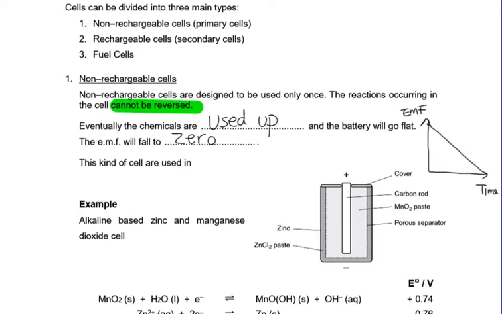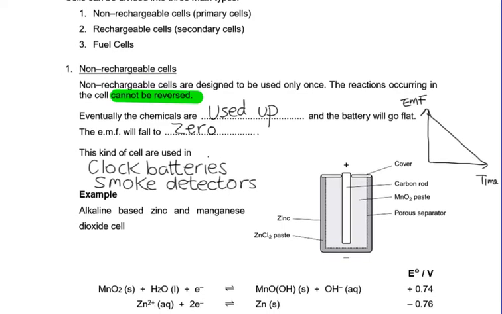EMF over time is just going to be steadily falling away. So these are the ones that are in our clock batteries, or our smoke detectors, your AA batteries. A lot of the batteries you buy in the supermarket are of this type.